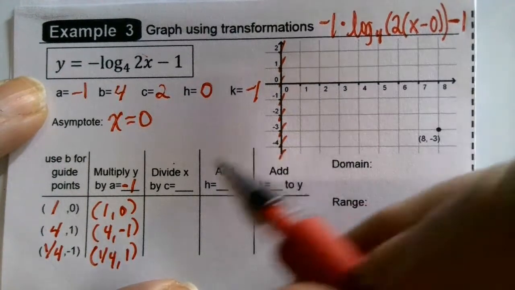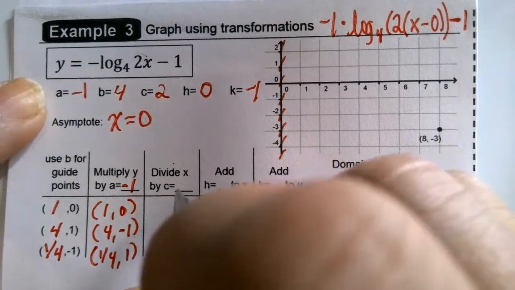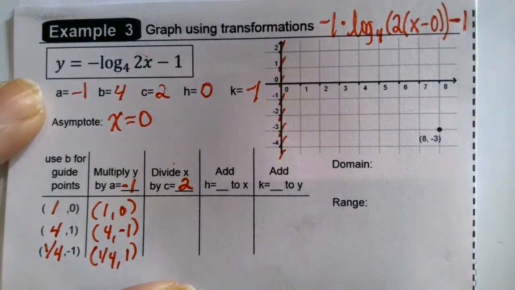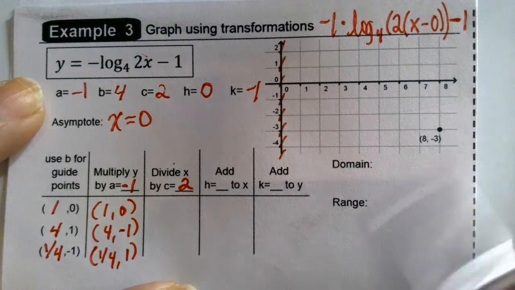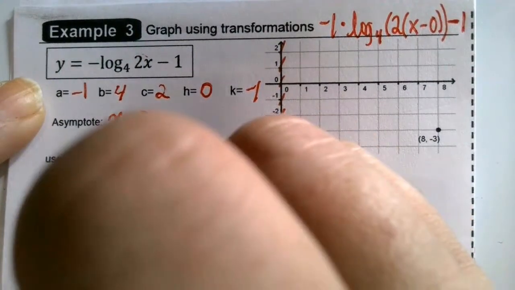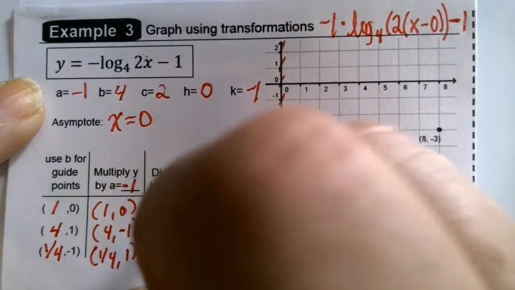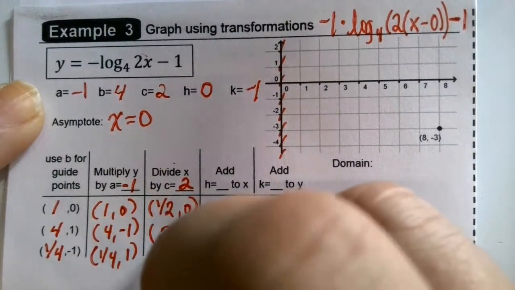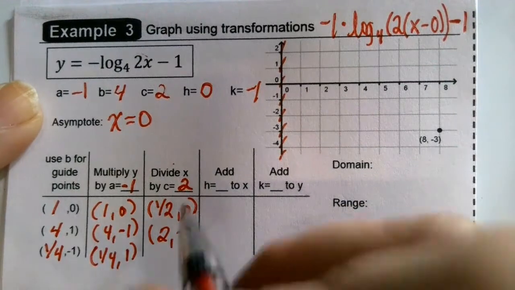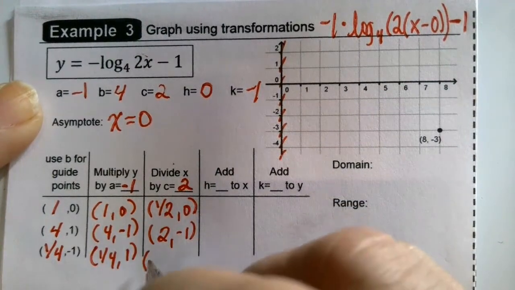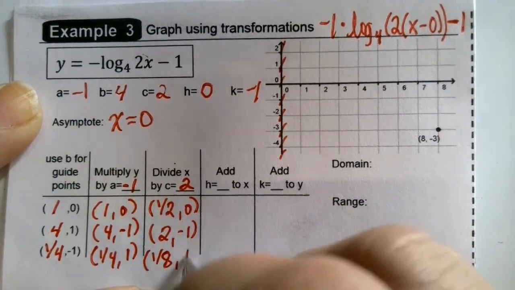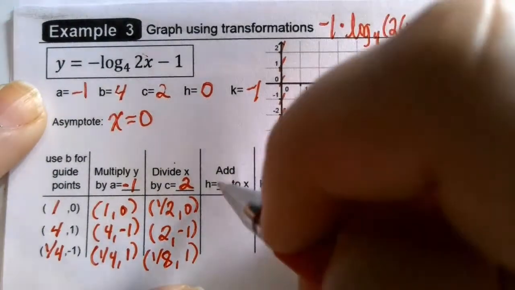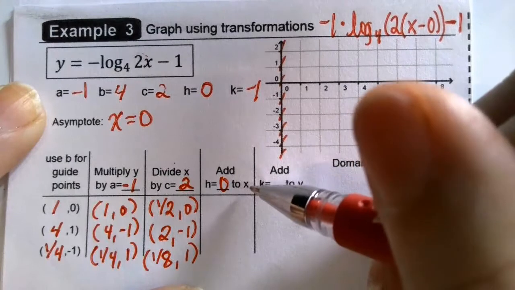Okay, next we're going to divide the x coordinate by the c, which is 2. That's a horizontal shrink, so that's going to give us 1/2, 0, and then 4 divided by 2 is 2, -1, and 1/4 divided by 2 is 1/8, +1. Okay, then we're going to add h, which is 0, to each of the x's.